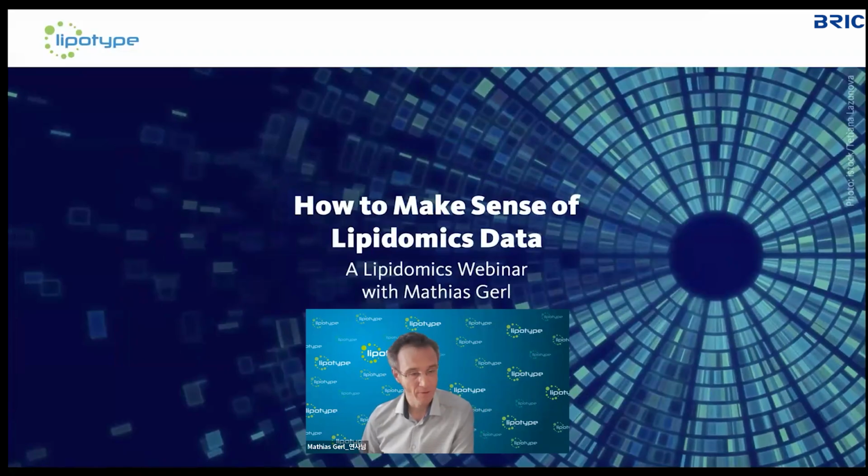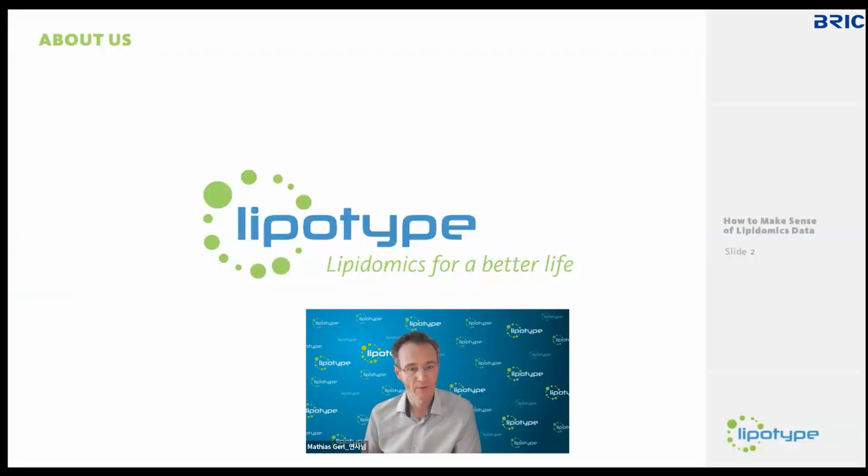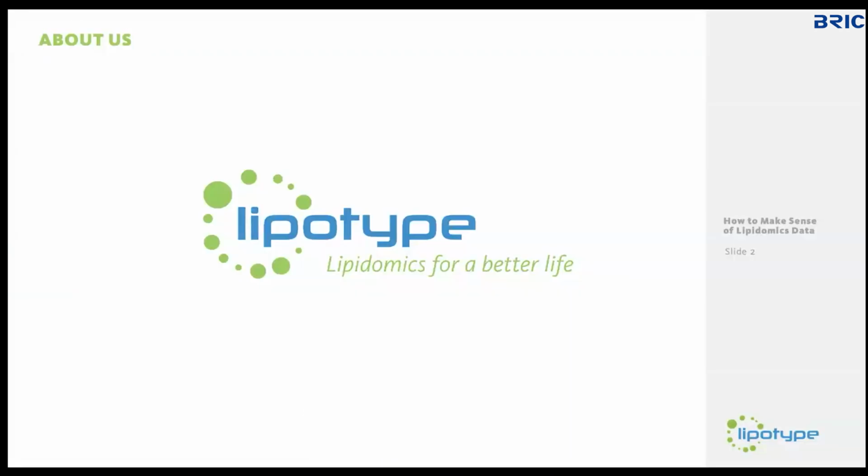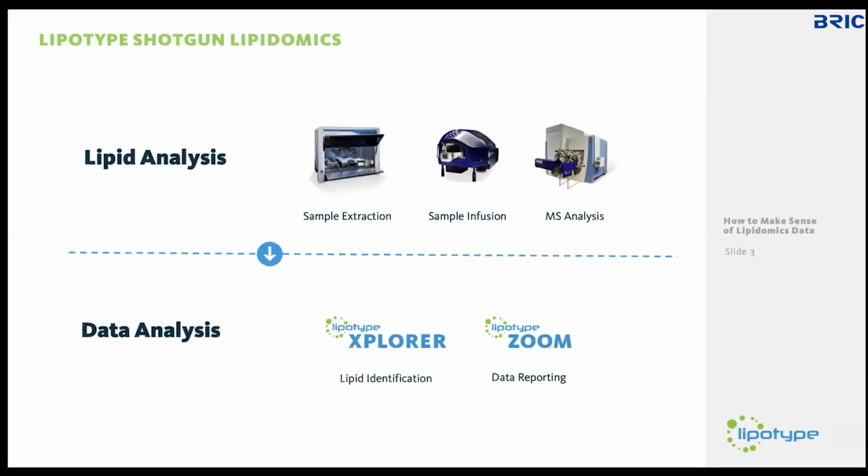First, we wanted to tell you quickly about Lipotype. We are a company providing lipidomics services, but also strive to use lipidomics for a better life. We have many lipid services by now, but the core process that we initially used was shotgun lipidomics, with automated sample extraction, automated sample infusion, and then MS analysis.